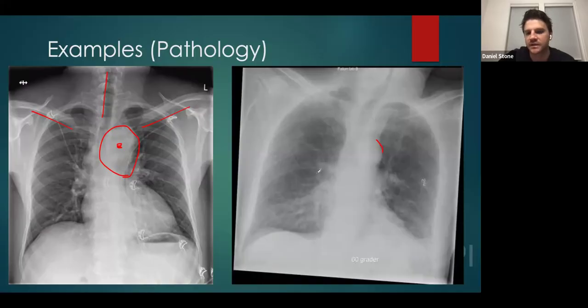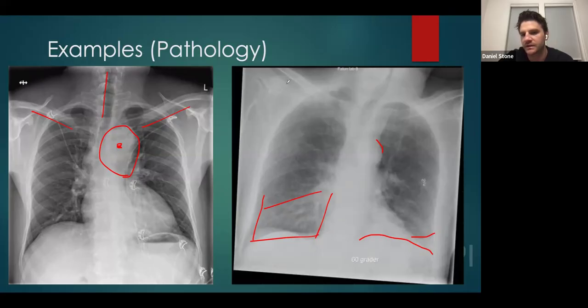This is a good example of a pneumonia. You might think, well, that's a pretty easy pneumonia. I can see that. It's right here. But there's also an infiltrate on this side, and the reason that you can tell is because the pleural space on the left side has a little bit of blunting, and you lose the diaphragmatic contours.